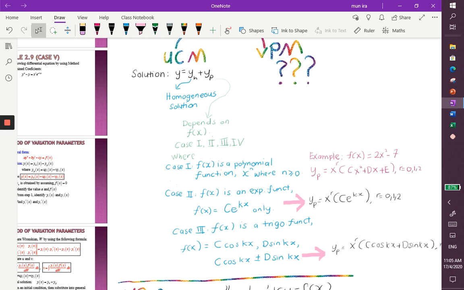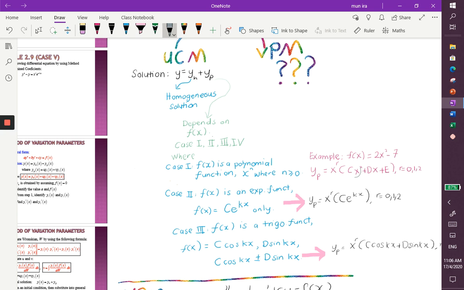For example, if f(x) = 2x² - 7, the highest degree here is x², so your yP is Cx² + Dx + E. So this x² follows the highest degree of your function. If f(x) = 2x - 7, the highest degree is 1, so you just have yP = Cx + D.